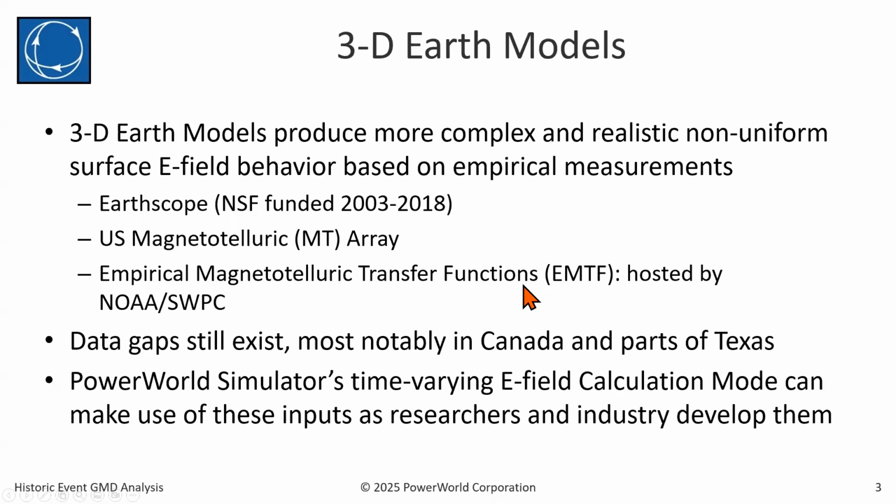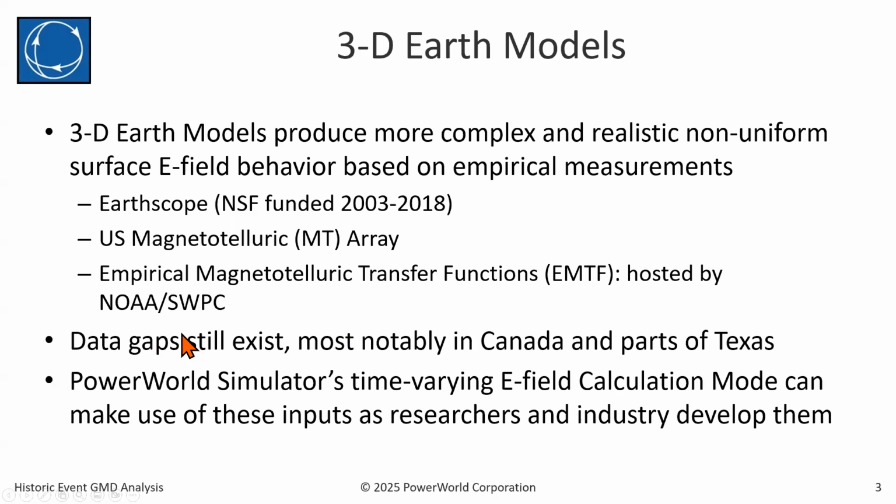And then they're running it through these transfer functions, either 3D transfer functions or 1D transfer functions, which are the legacy function that I'll talk about in a moment, in order to get a picture of the surface electric fields in a geospatial and time varying manner. So the Earth models basically describe how that transfer function works.